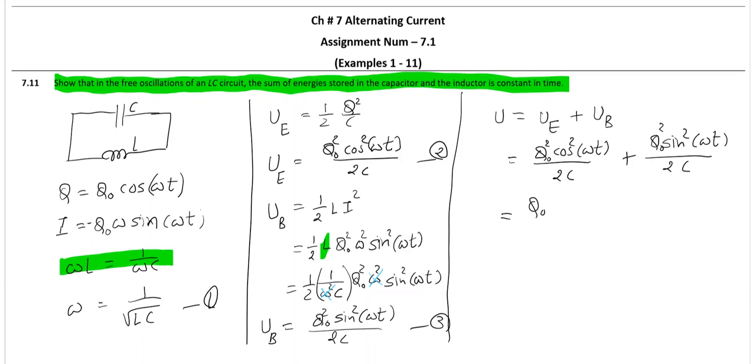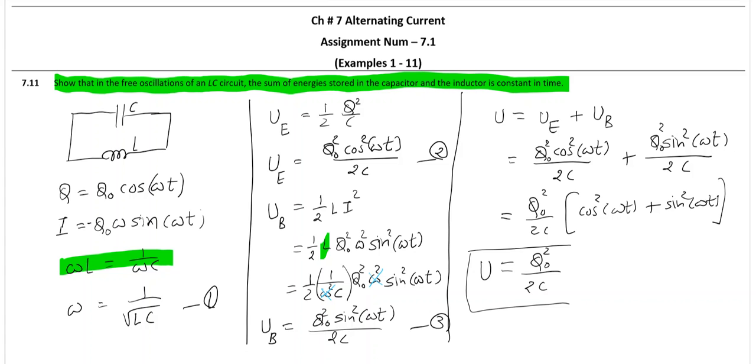Taking constant terms out, we are left with cos² ωt plus sin² ωt, but cos² θ plus sin² θ equals 1, and hence the answer is Q0² / 2C.